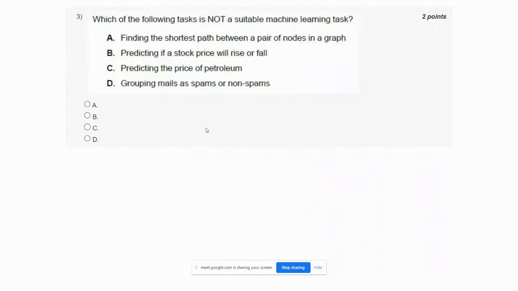What about this one? E. Why do you say that? It's an algorithm based problem rather than a prediction problem. Exactly. See, machine learning essentially means that you are not feeding any logic into your machine. The machine will learn on the basis of your given data set what it is supposed to give as the output.